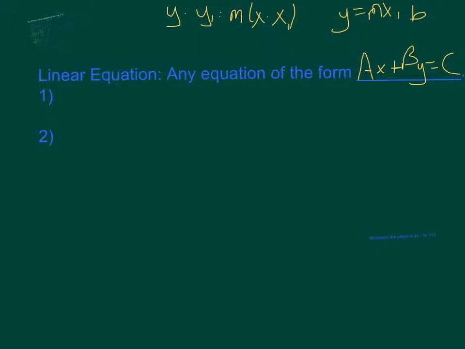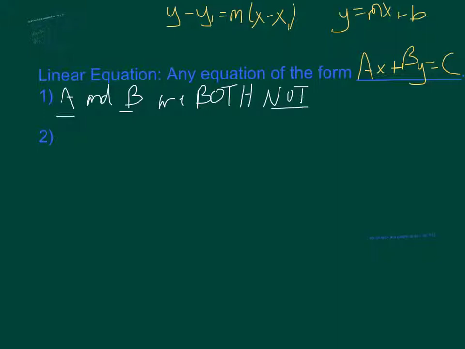Now, back to standard form. In standard form, there's a couple conditions that I want you to take note of. That's that A and B, I'm talking about this A right here and this B right here, are both not 0.